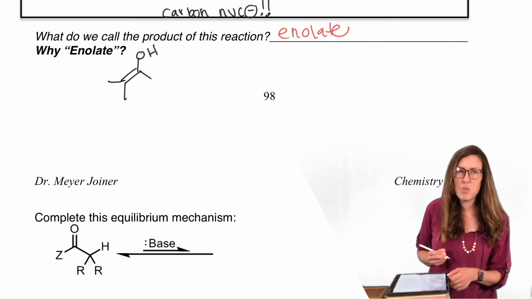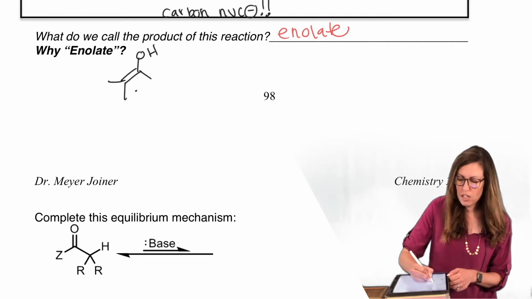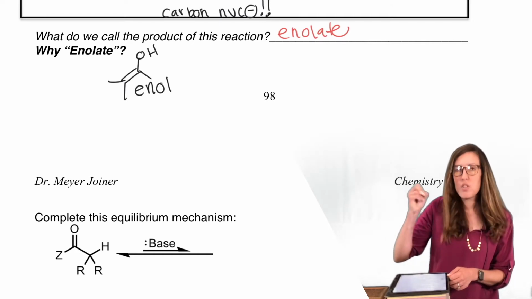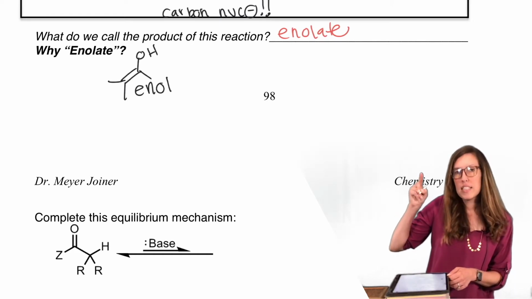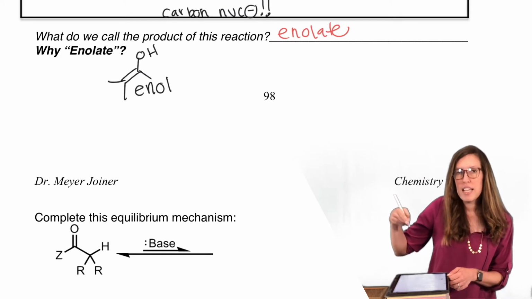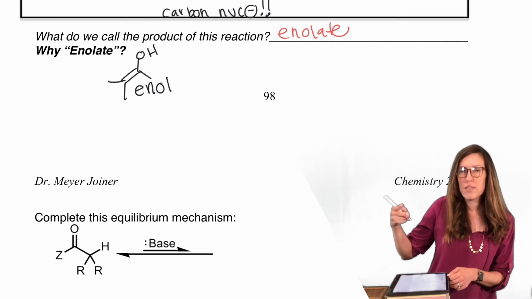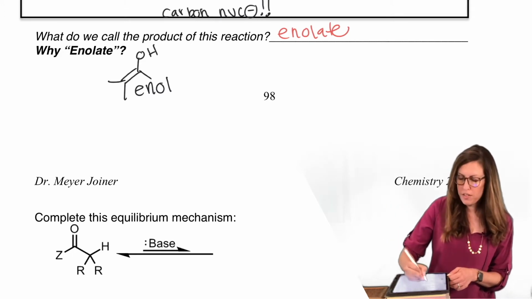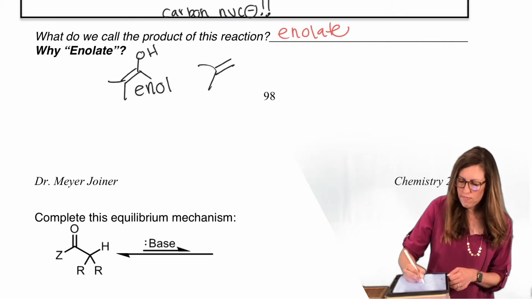It's an alkene that's also an alcohol, i.e. an enol. So an enolate has the suffix -ate, indicating that there's an oxyanion, so O-. In other words, the alcohol has been deprotonated. So the enolate of this enol would be this guy. Can you see how that's an enolate now?